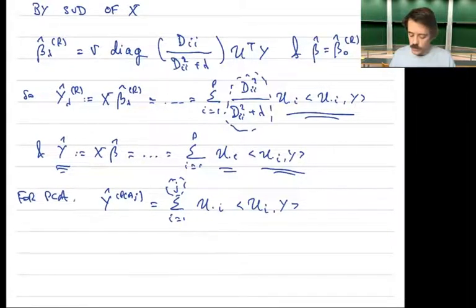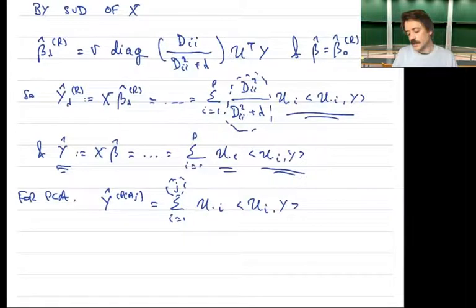So this sounds like a great idea. You say, well, let me just keep those guys that explain most variability. And that sort of sounds good. But actually, what variability are we talking about? So I did say that this is the variability of the design matrix.